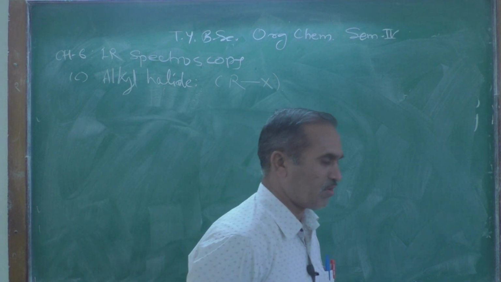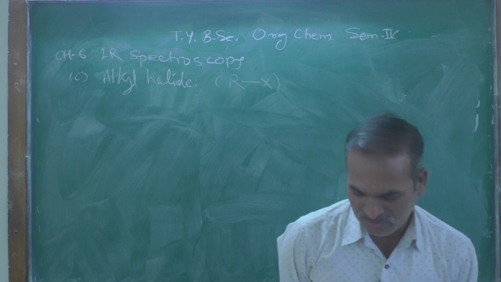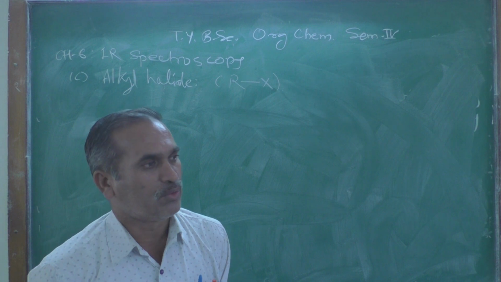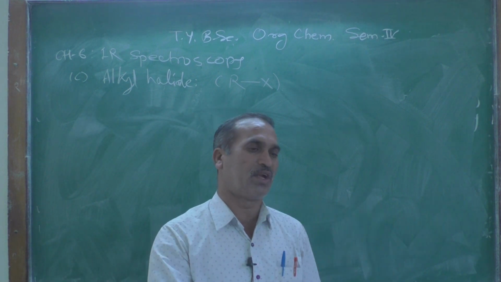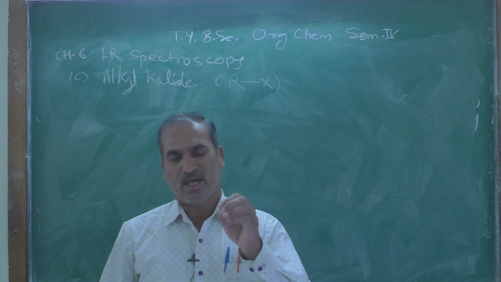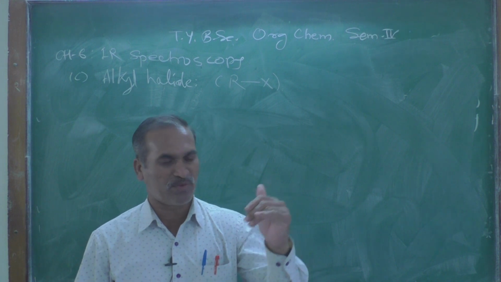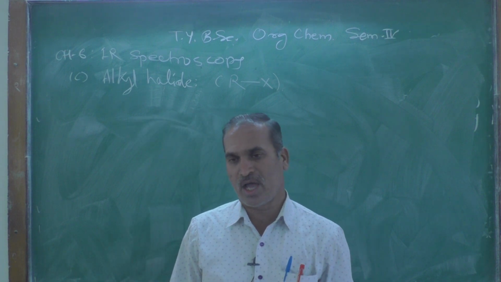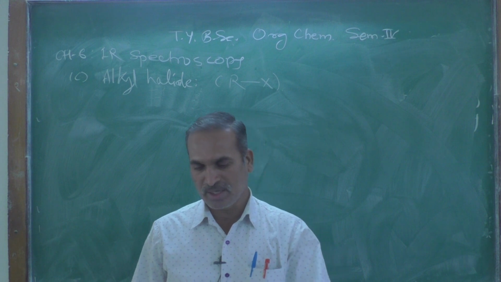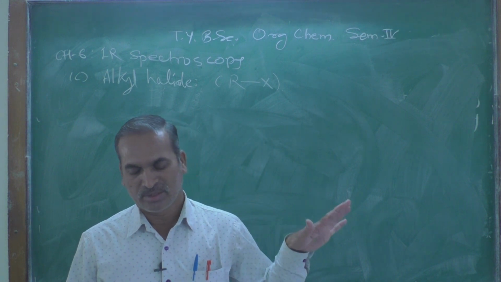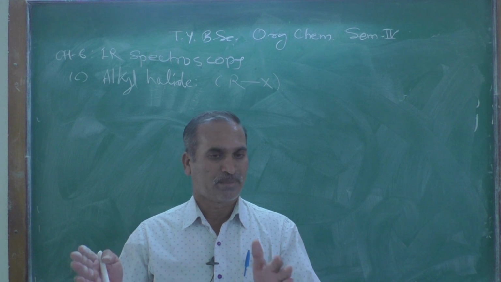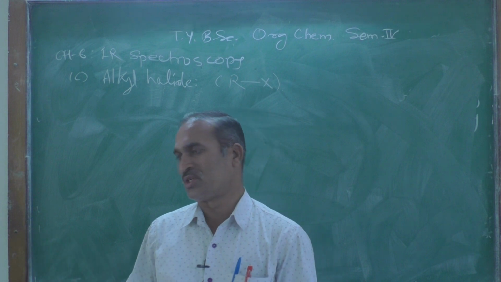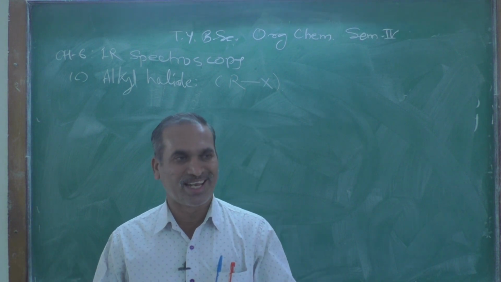The organic compound having general formula RX is known as alkyl halide, where R may be an aliphatic or aromatic group, and X is a member of the halogen family such as fluorine, chlorine, bromine and iodine. When these halogen elements are present in an organic compound, the compounds are known as alkyl halides.